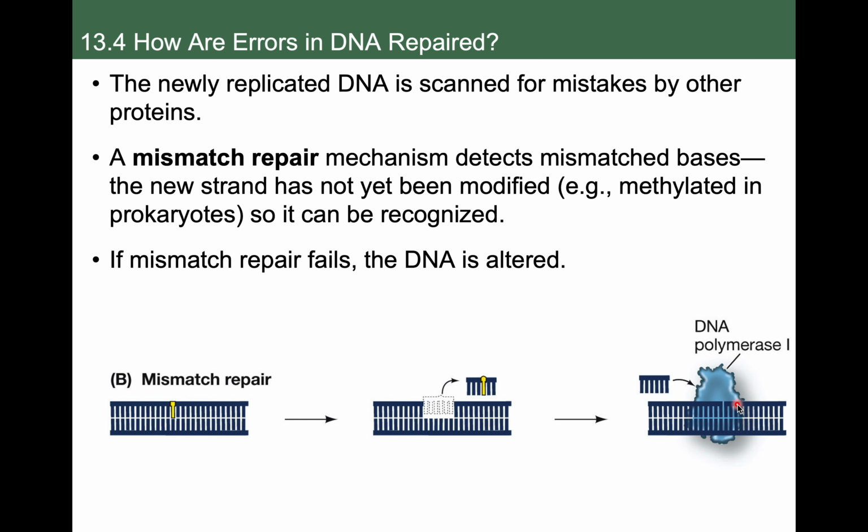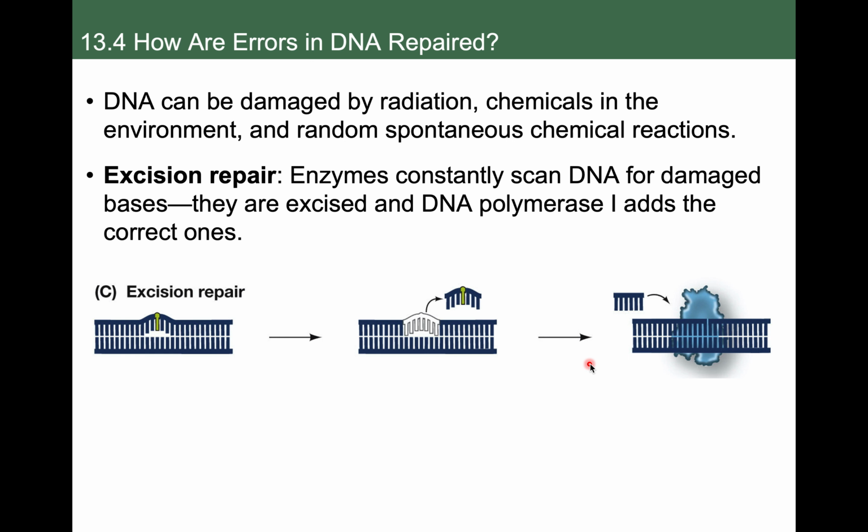and fix that. So proofreading, mismatch repair, and then lastly, we have excision repair, which, as I said before, really looks a lot like mismatch repair, but it's for, instead of mismatches, sort of slightly larger scale structural issues.